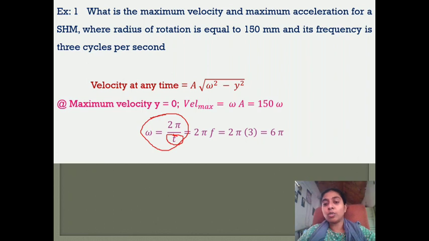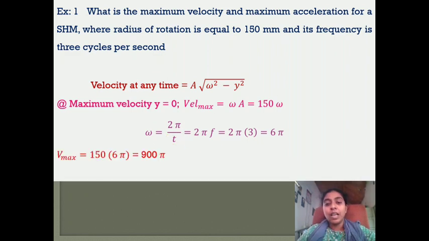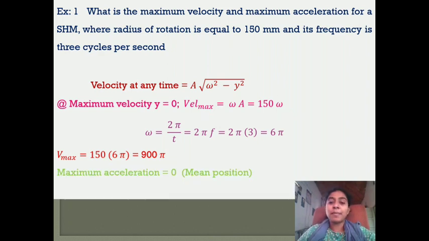Frequency is given as 3 cycles per second, so 2 pi into 3 we get 6 pi. Now substituting in the formula, maximum velocity is 150 into 6 pi, so we get 900 pi mm per second. And maximum acceleration at the mean position will be 0, as we saw in the previous slide.